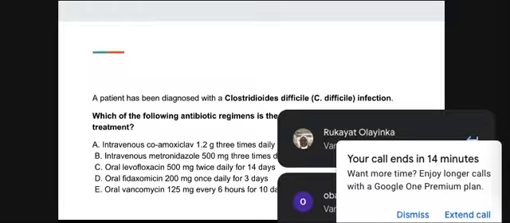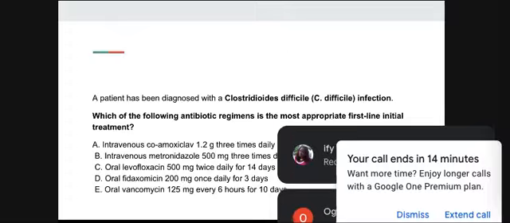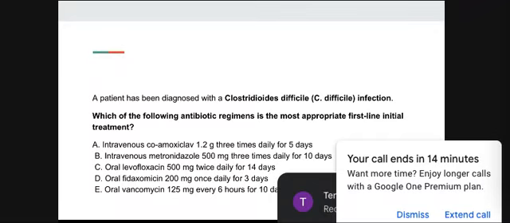And what condition will come to mind? Red man syndrome, yes. Vancomycin can cause red man syndrome. Symptoms include flushing, rash, hypotension, and pruritus. It's usually caused by rapid IV infusion. So we advise that for management, the infusion should be given slowly, and antihistamines can be used as well.